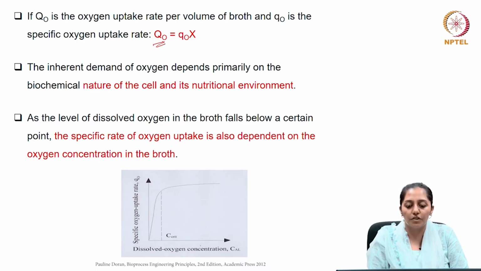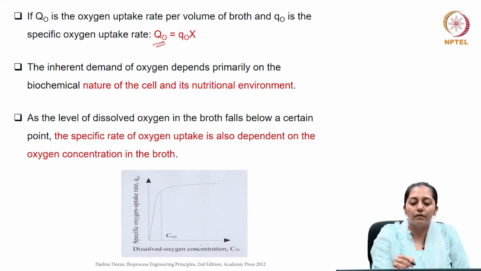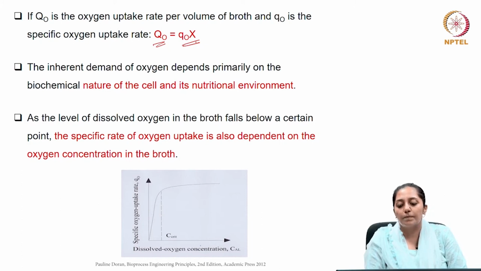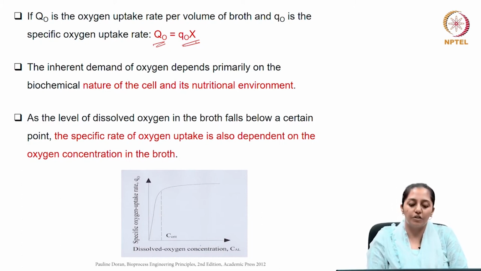Then capital Q naught and small q naught can be related with X, where X stands for the biomass concentration. The inherent demand of oxygen depends primarily on the biochemical nature of the cell and its nutritional environment, which means we are talking about the specific oxygen demand.